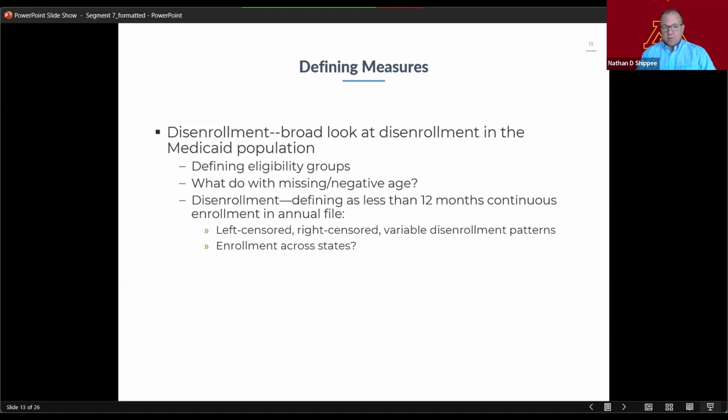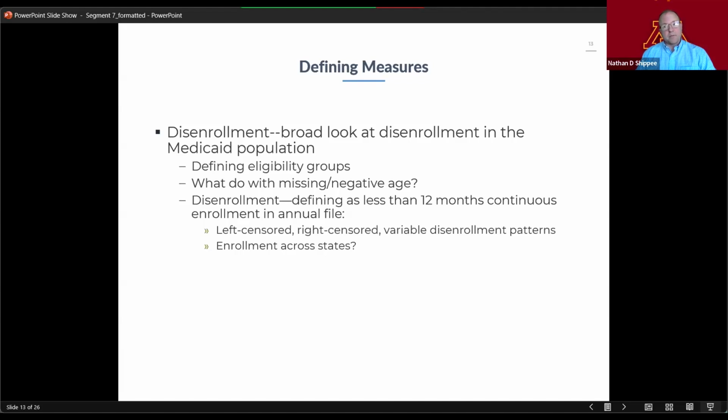And then we applied the 12-month continuous enrollment criterion for most of our analyses. We did do an analysis of left and right censoring, and I want to say at least 30% or more of the lack of 12 months of continuous enrollment comes from left and right censoring.